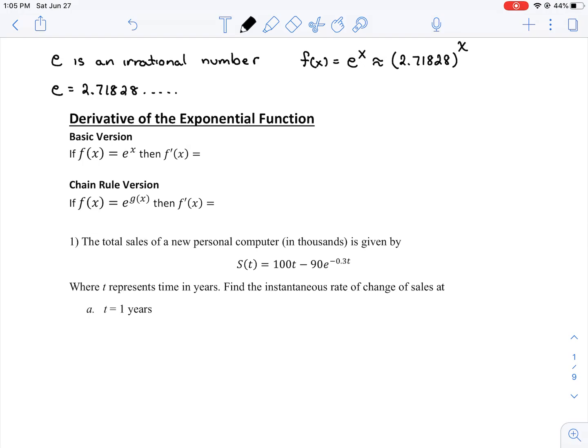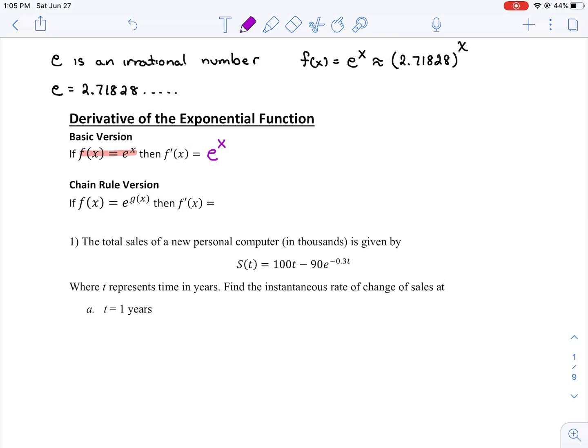And how do we find the derivative of e to the x? Well, if f of x is equal to e to the x, then the derivative is e to the x. So the derivative of e to the x is itself, just e to the x.